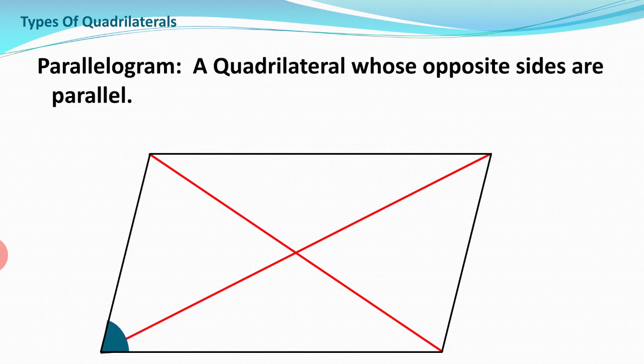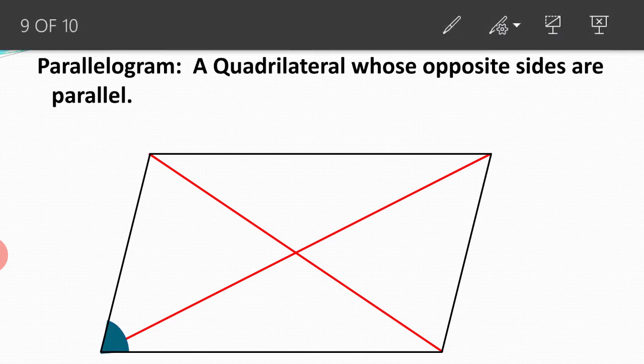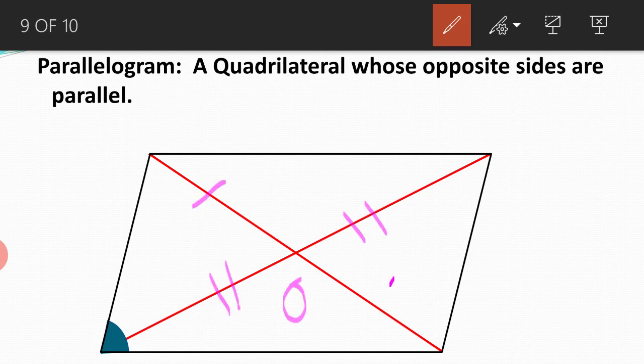Now when we talk about a parallelogram, the diagonals are bisecting each other. If they are intersecting at O, then these two parts are equal. Each diagonal is bisecting the other one. So O is the midpoint of the two diagonals.